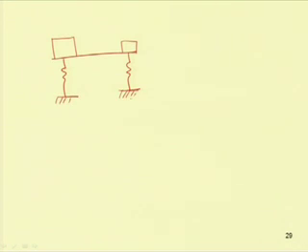This is the mass of the headstock M1 and this is the mass of the tailstock side. This is the tailstock side, this is the headstock side and this is the lathe bed. We are considering the mass of the bed to be 0, or one can model this as an eccentrically placed mass also.